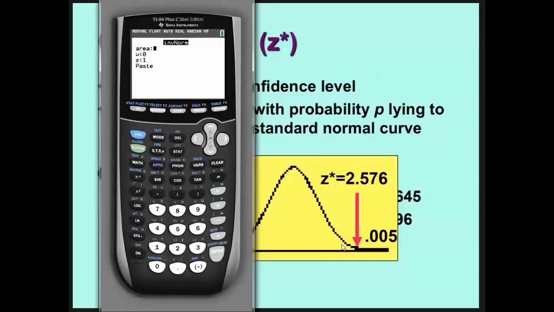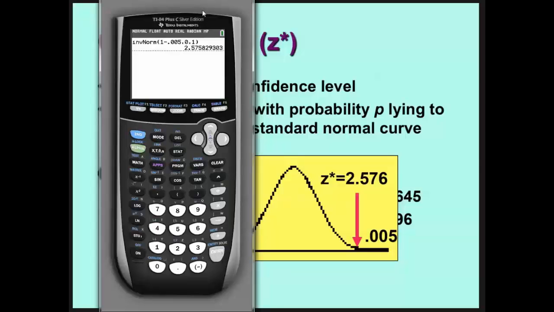Inverse norm we measure in terms of less than, so that's 1 minus that 0.005. And in a standard normal curve, the mean is 0, the standard deviation is 1. And so when I hit enter, that's where we're getting that 2.576 from. So just using inverse norm on that.